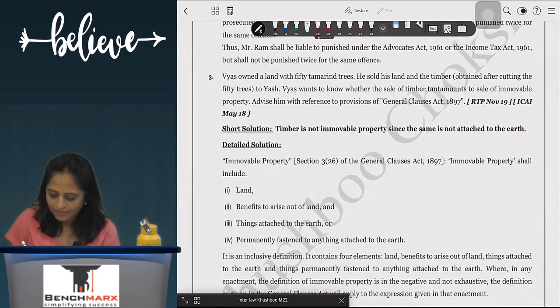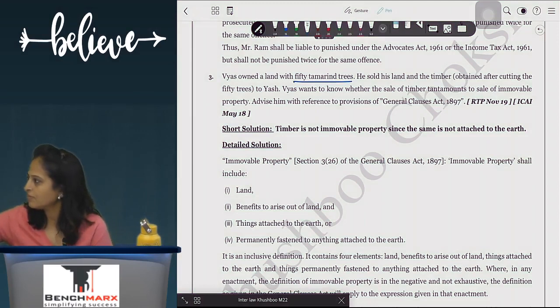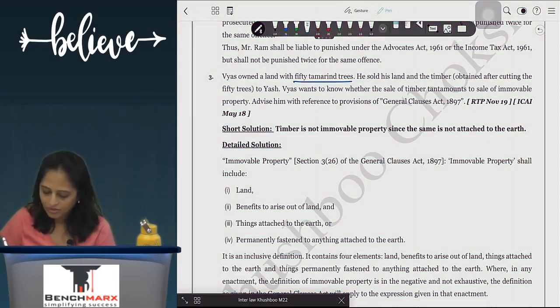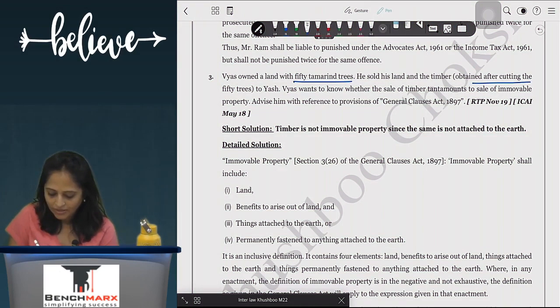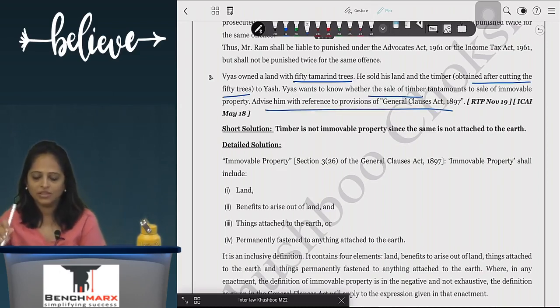Vyas owned a land with 50 tamarind trees. He sold his land and the timber obtained after cutting the 50 trees to Yash. Vyas wants to know whether sale of timber amounts to sale of immovable property. Advise him on the provisions under the General Clauses Act.